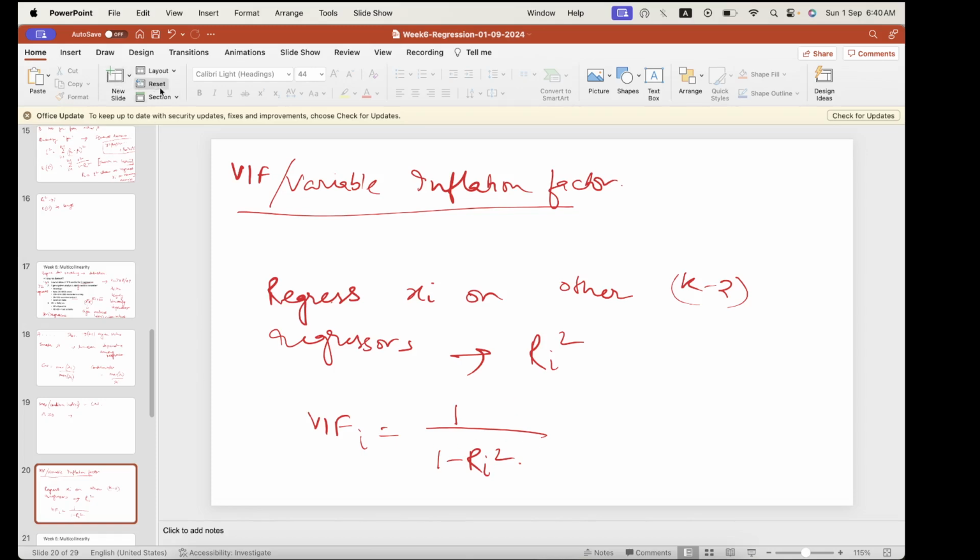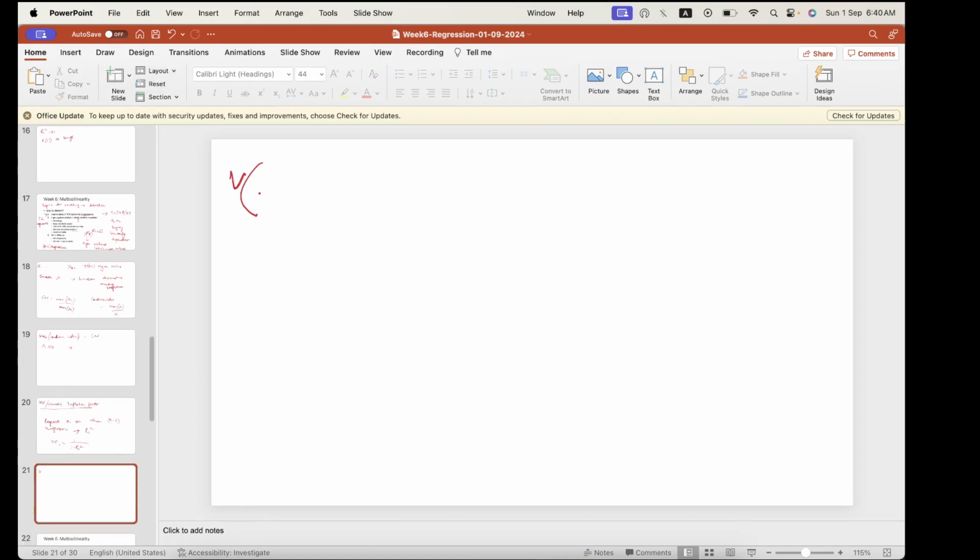Because if you remember, variance of bi hat was actually sigma square by 1 minus Ri square. Why? Because this was sigma square times the ith element of x star transpose x star inverse.